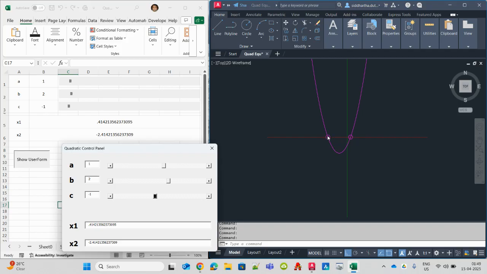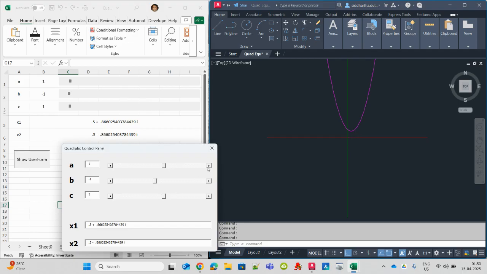So for these two values it is intersecting, so we have two real roots because it is intersecting the real number line. But for some values, for example now, it is not intersecting. It means it has no real roots. It has complex roots, but they cannot be plotted here because it is not intersecting.